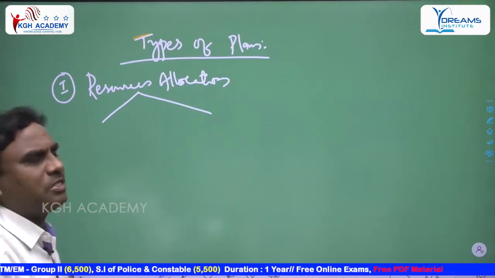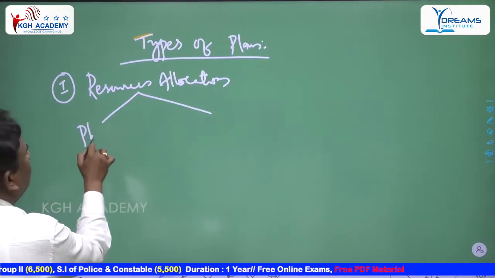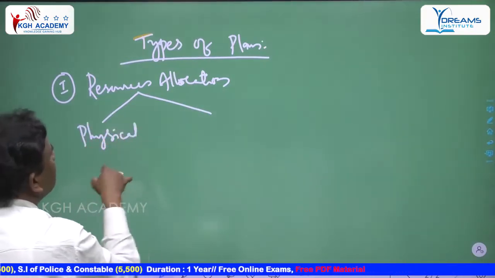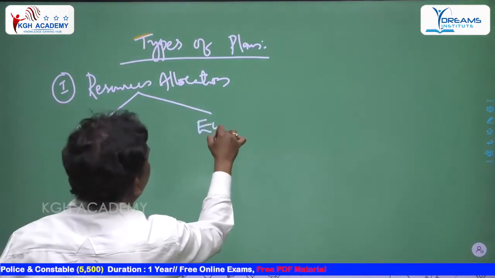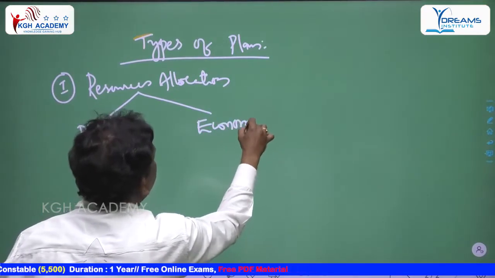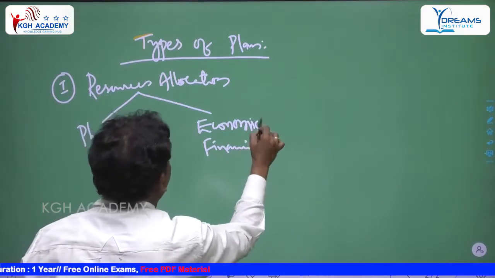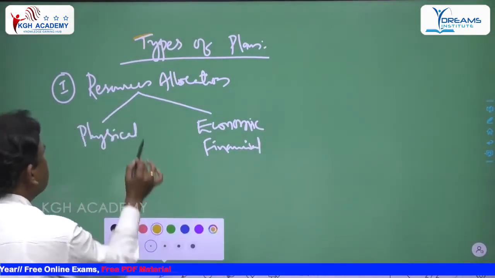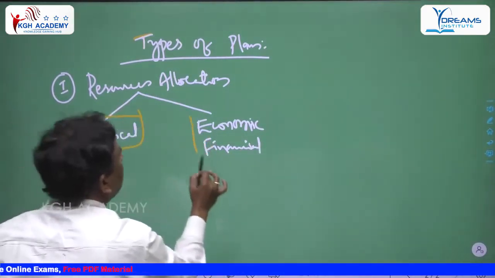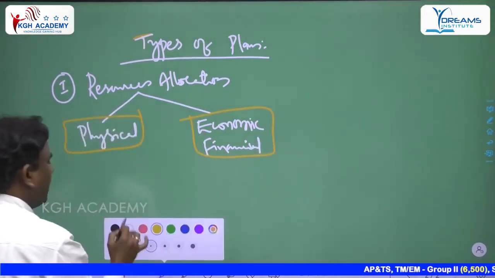First one is called physical plan. Second one is called economic plan or financial plan. Okay, first one is physical, second one is economic or financial plan.